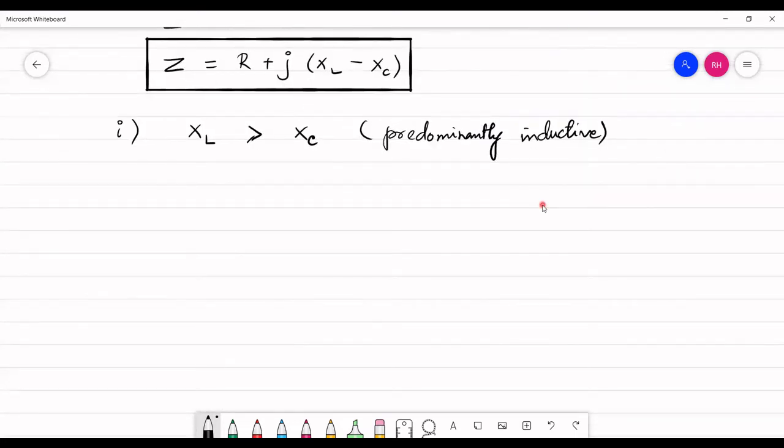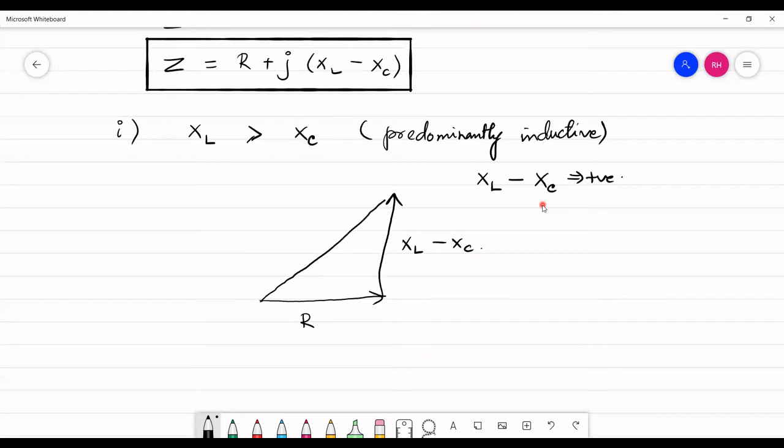And let us start by drawing the impedance triangle. And we have resistance. And when our circuit is predominantly inductive, XL minus XC is going to be positive. That is, this is XL minus XC. And the sum is going to give us the magnitude of impedance, and this is the angle phi.